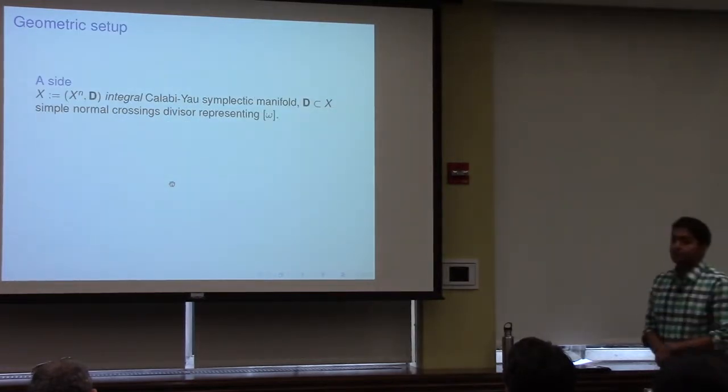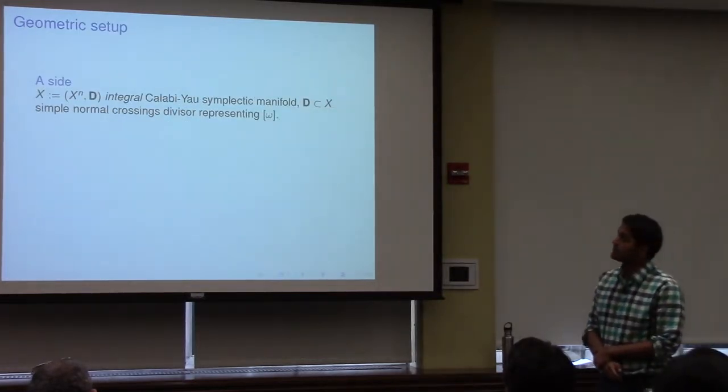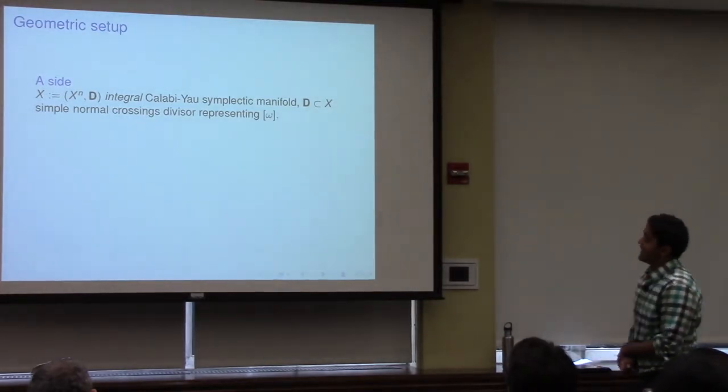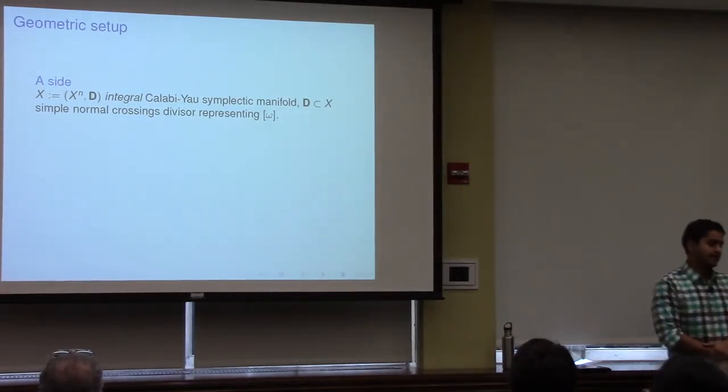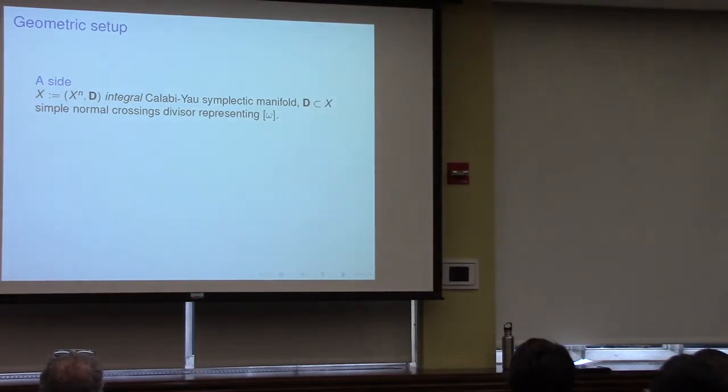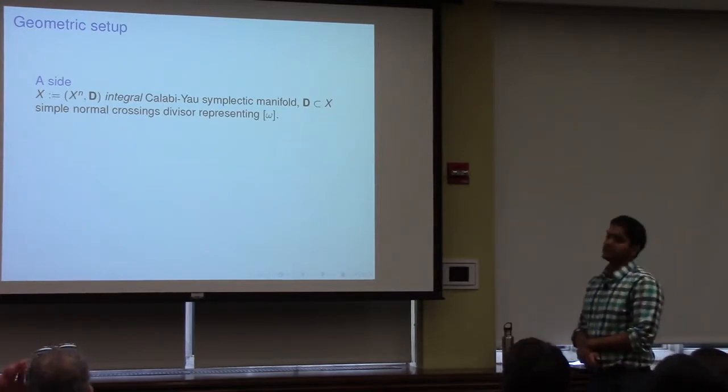Okay, so let me just remind you of the geometric setup for our story. So on the A side, we're going to look at an integral Calabi-Yau symplectic manifold. And we're going to fix, for technical purposes, so that we can set up things without too much effort, a simple normal crossings divisor representing the symplectic form omega.